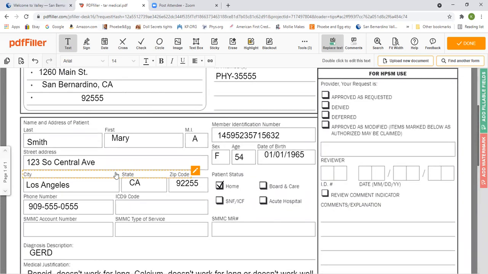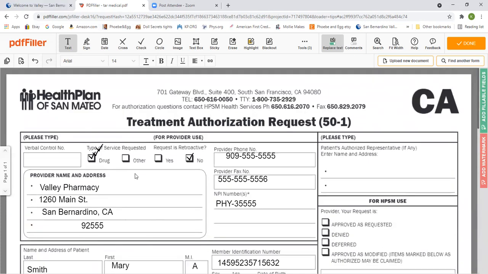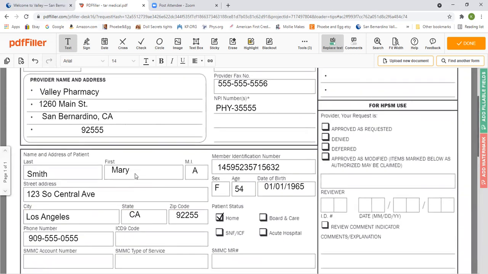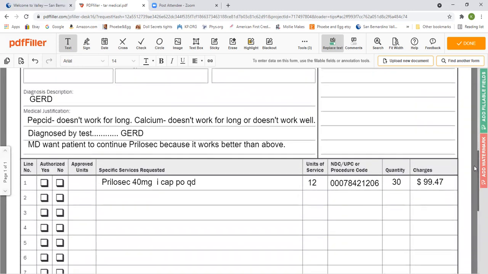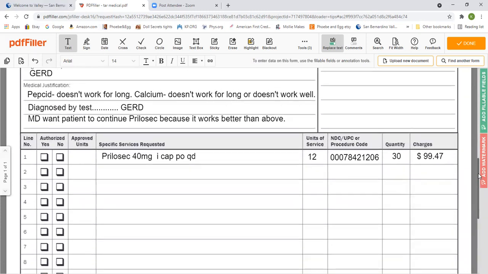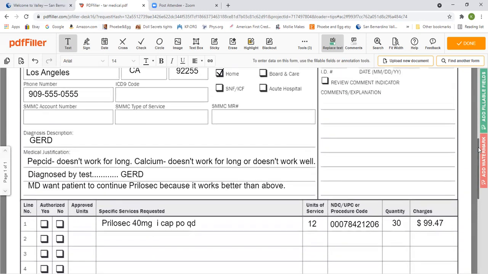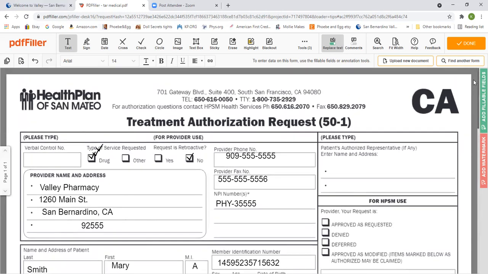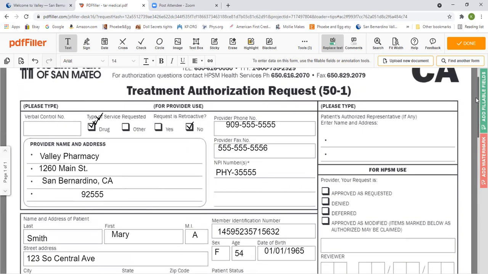Now, if you're filling this out and you have all this information, you see why there's pieces on this form that you don't need to fill out, and it can be really confusing for someone trying to fill this out for the first time. So since this is the most comprehensive form that I've seen for most insurance plans, if you can fill this out, then you'll be able to fill out other forms from other insurance companies. So the CalOptima form, I believe one of those requires the doctor's name and address and phone number, maybe the license number, and that is in your assignment, so you'll be able to fill all those fields in.